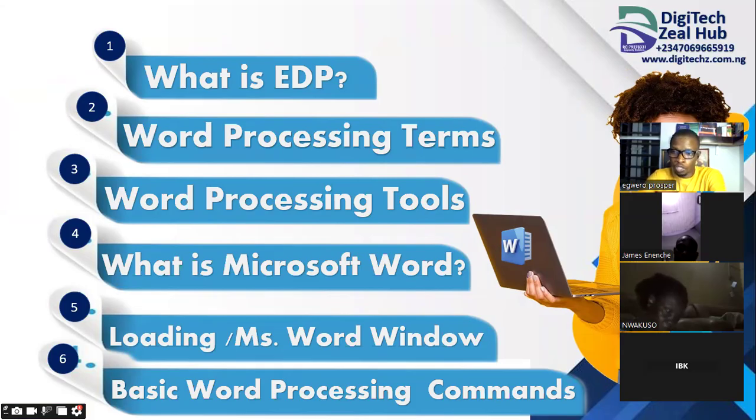We will also know what is called word processing terminologies. There are certain terms that anybody that claims that he or she can use electronic devices to process information is expected to get acquainted with, and we are going to simplify the core terms in this session.